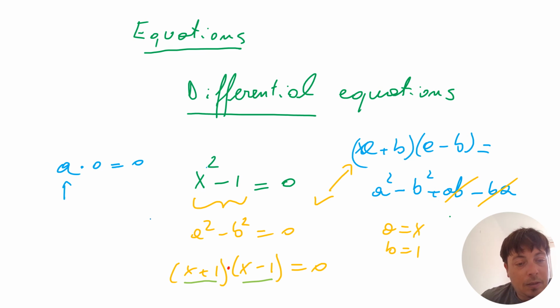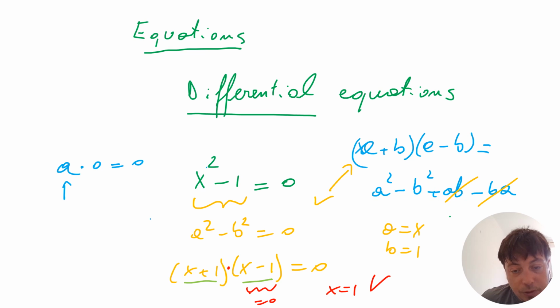So suppose x plus 1 is different from 0. What makes x minus 1 equal to 0? You can solve that one and it will be 1. If we place x equal to 1, this one cancels out and gets 0, and the product is 0.